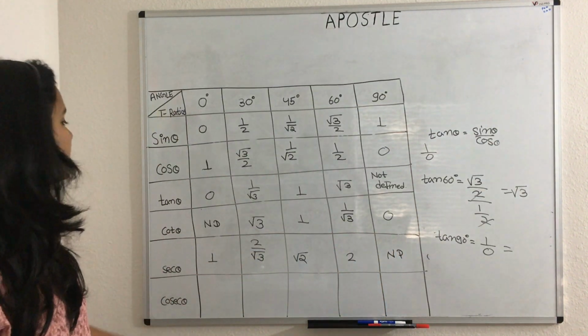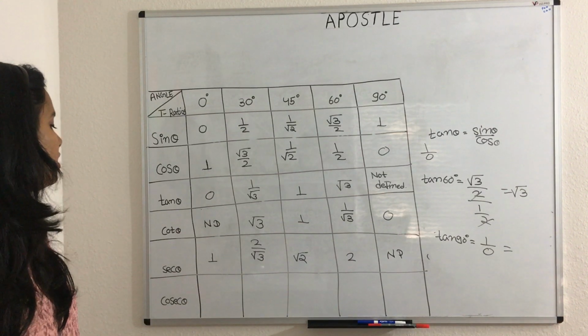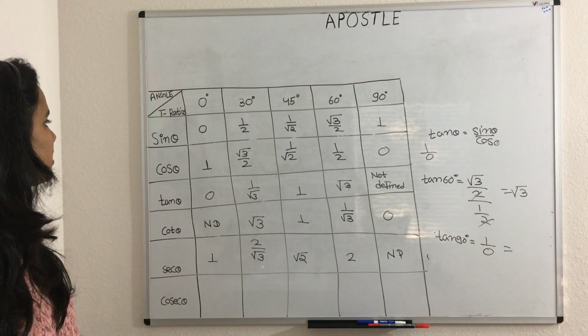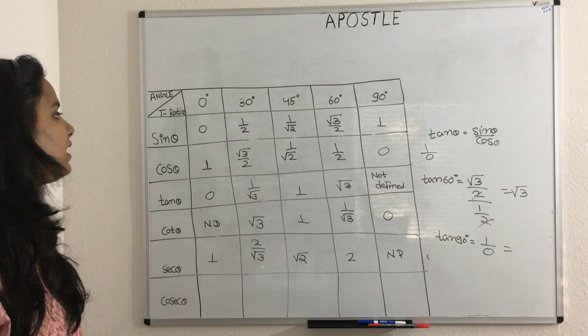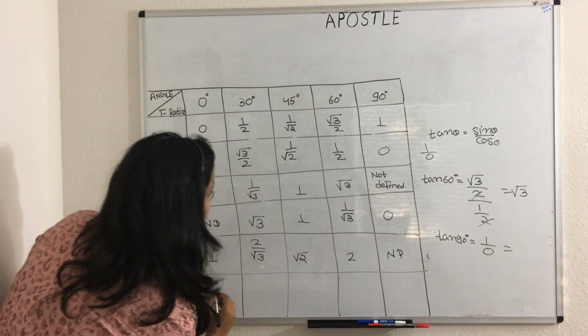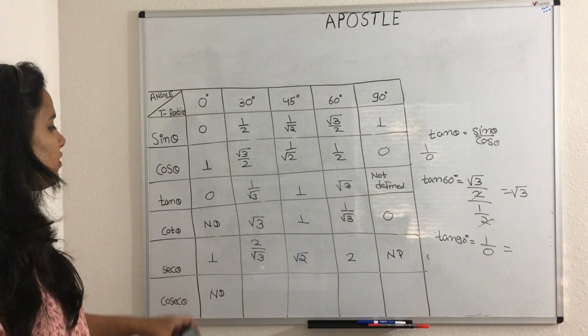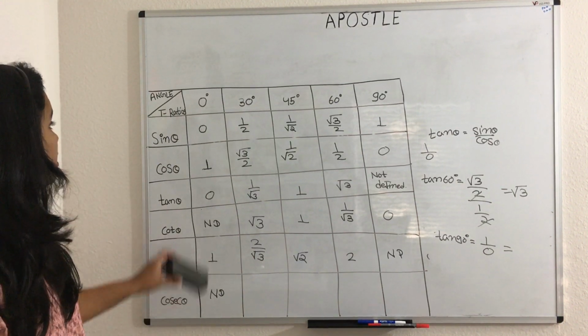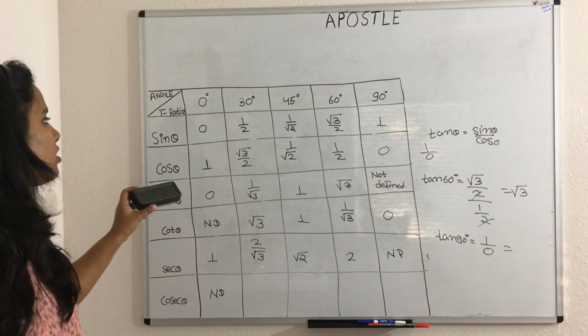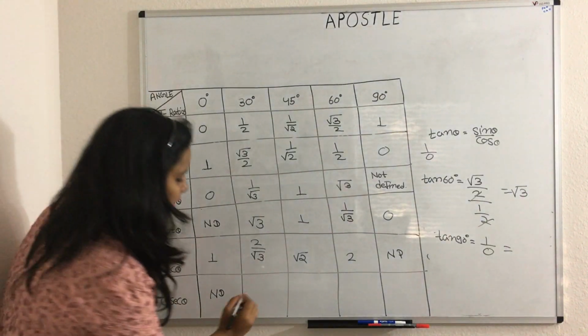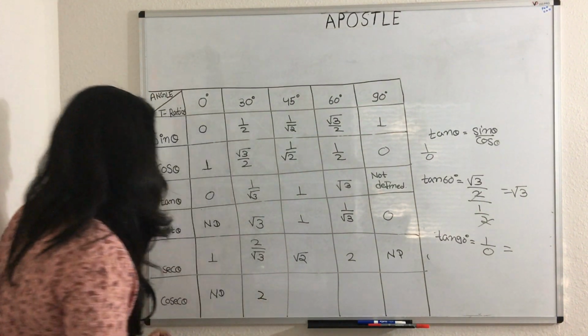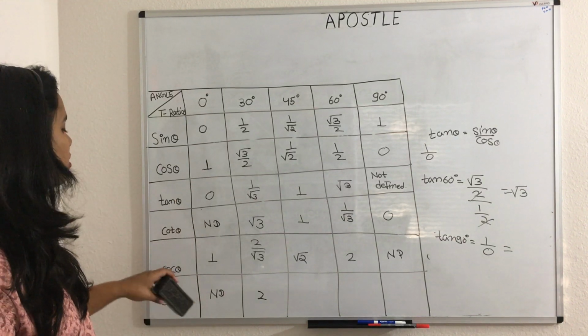Now I am going to discuss the value of cosec theta. In the case of cosec theta, we have to take the reciprocal of sin theta. So 1 upon 0 is again not defined. And what is the value of cosec 30 degrees? The value of cosec 30 is the reciprocal of sin 30. So that is 2 only. And what is the value of cosec 45?